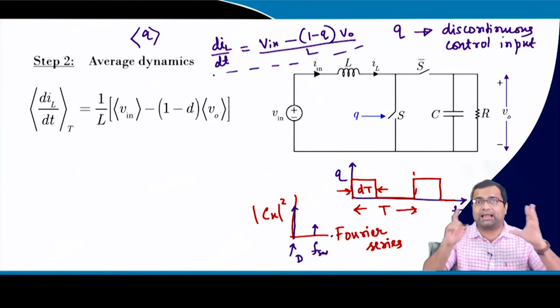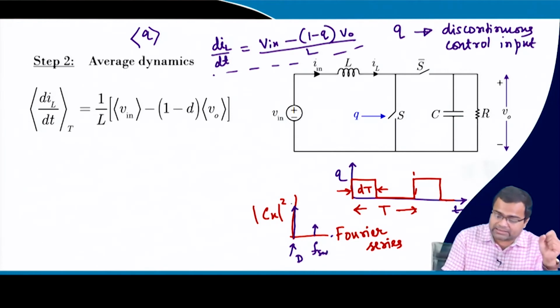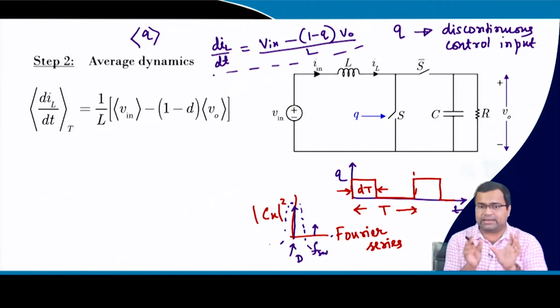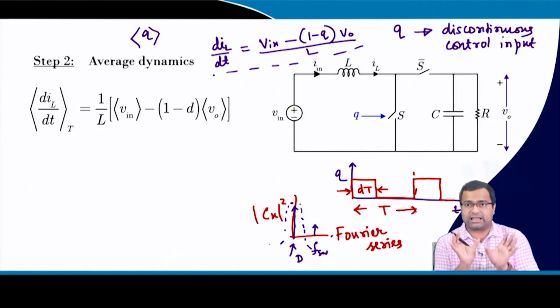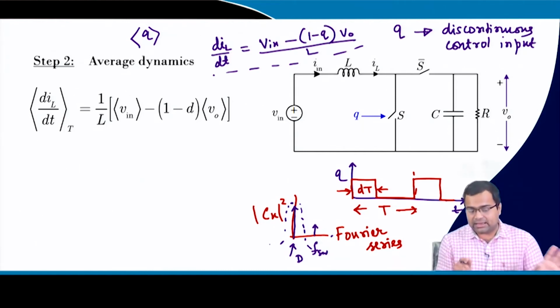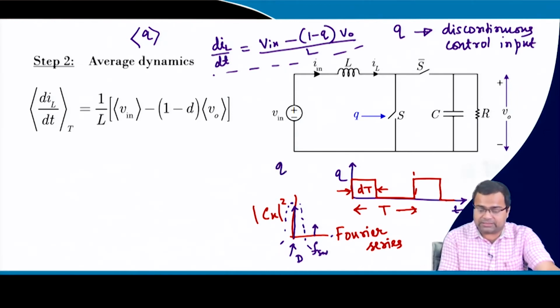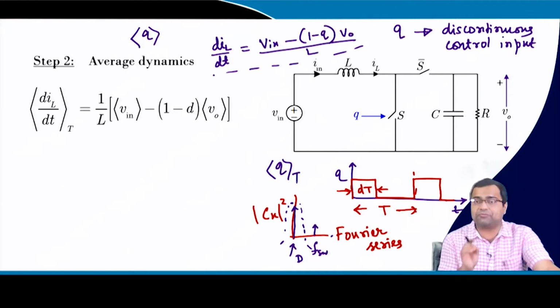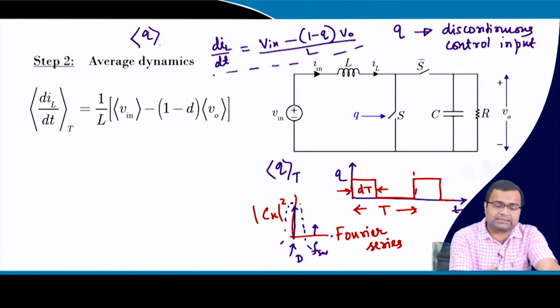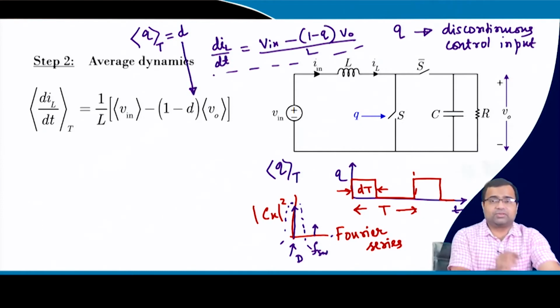But when we are applying averaging, we generally discard this switching frequency information. We want to retain the neighborhood of the DC average value. So, in conventional averaging we are only taking the zero frequency component, not the switching frequency component. In that case, this Q will simply become the duty ratio, and we replace it with this average quantity.